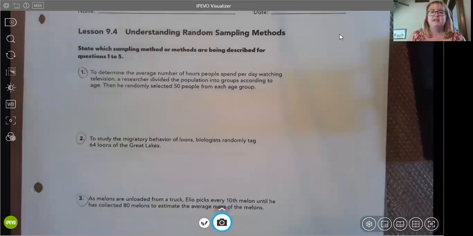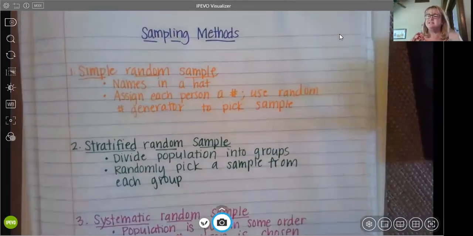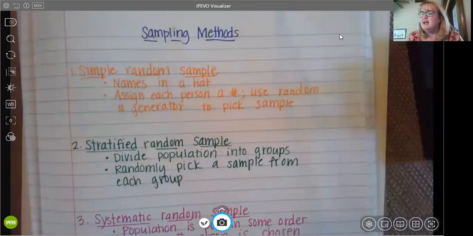So when statisticians or scientists are collecting data, it is important that they collect data from all the populations. And that is what we're going to talk about today: how to get your sample. Now, sample is your data, and how to make sure everyone is represented.